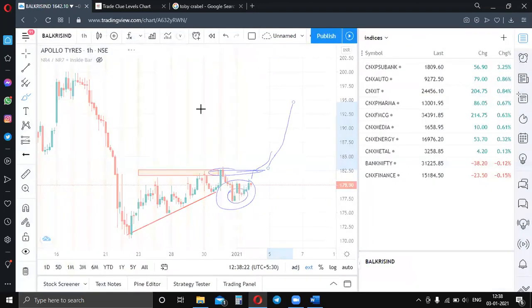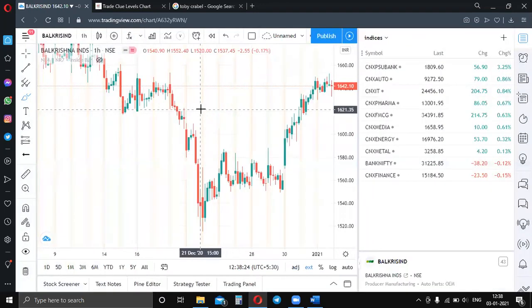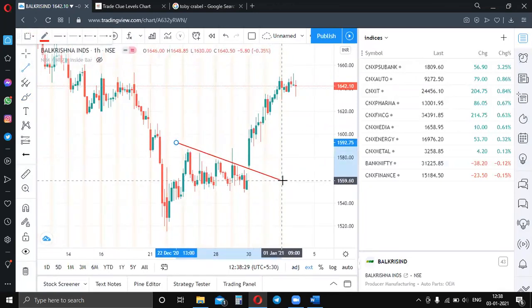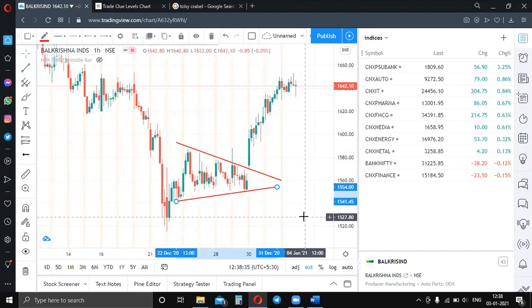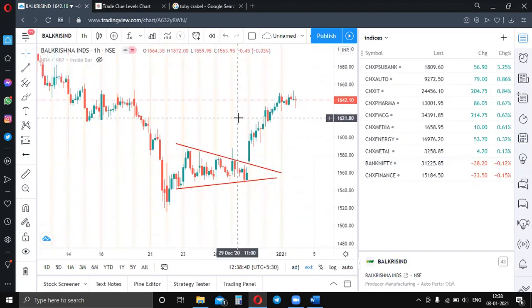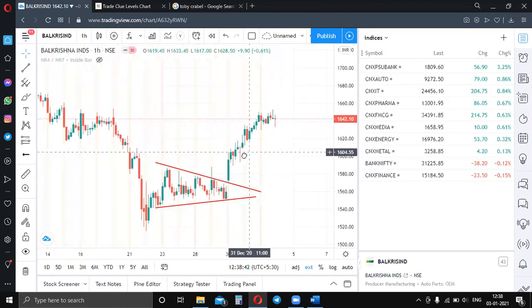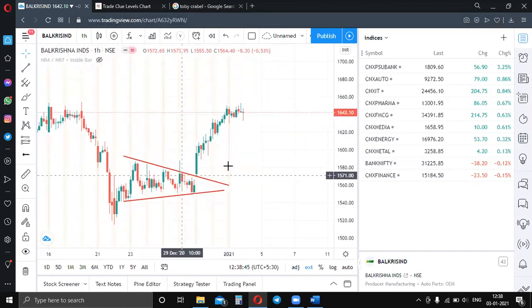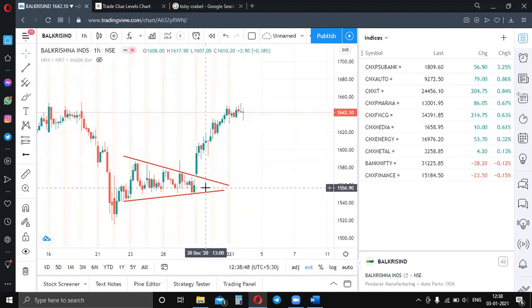If you see this Balkrishna Industries, this also had the same structure, right? And moreover, when the breakout happened in the tyre industry, this was the stock which went upward. Apollo Tyres is still in that consolidation, but a very sharp move took our stop loss as well.